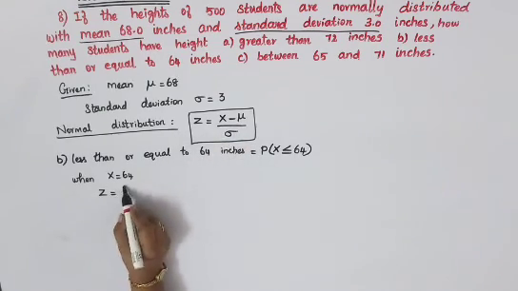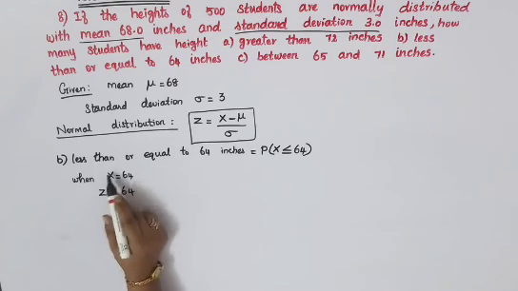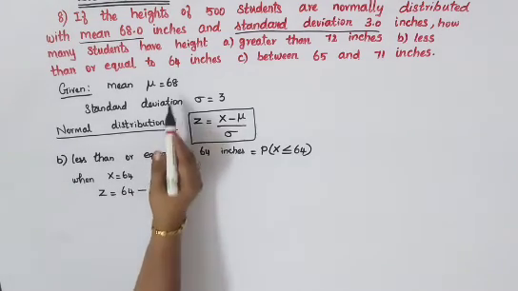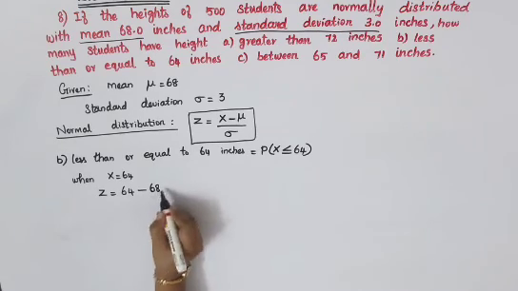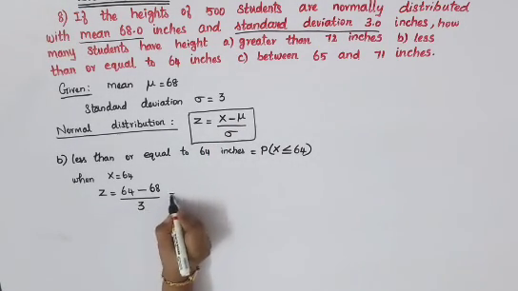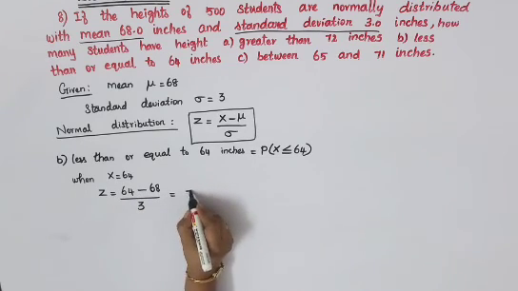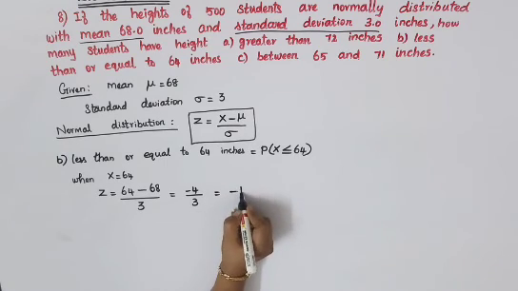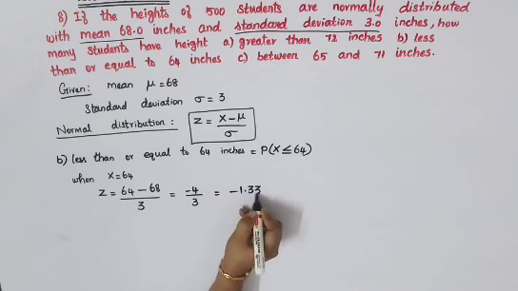In the place of x you will have to give 64, minus your mu, which is 68, divided by sigma, which is 3. So 64 minus 68 gives you minus 4 divided by 3. If you divide it, you will get minus 1.33.